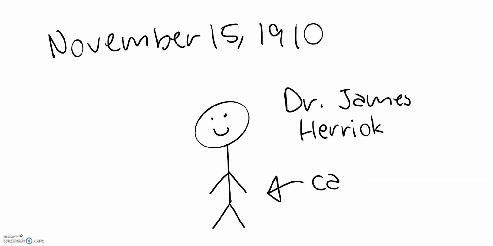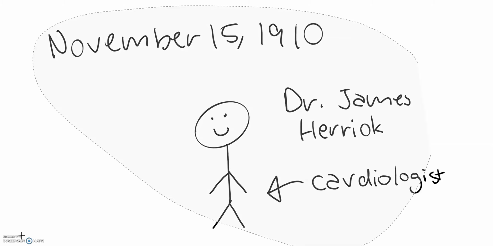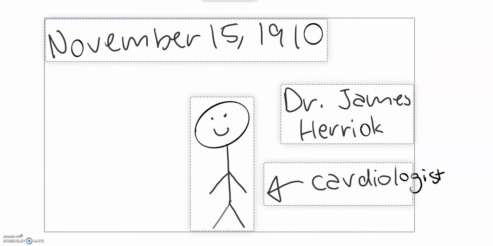He was a cardiologist. He first discovered sickle cell disease in a dental student who had what we now know as acute chest syndrome. Herrick described the red blood cells as sickle-shaped or crescent-shaped, giving it its name early on.